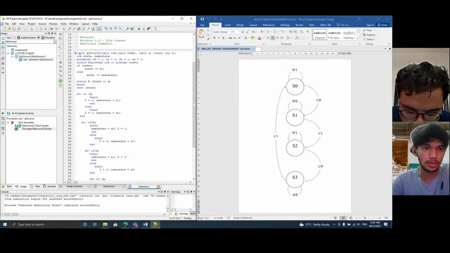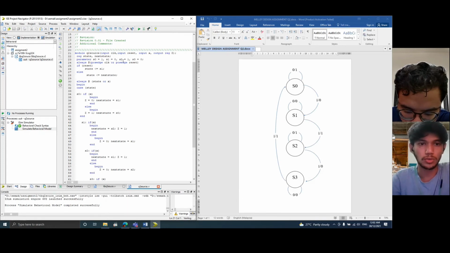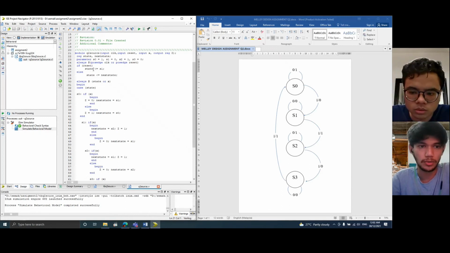For the FSM coding, we have declared input clock, input reset, input X, and output register Z. For the parameters, we declare S0 equal to 1, S1 equal to 0, S2 equal to 1, and S3 equal to 0. For the next state, if reset, state equals S1, else the state goes to the next state.